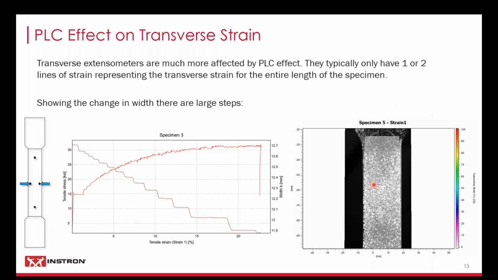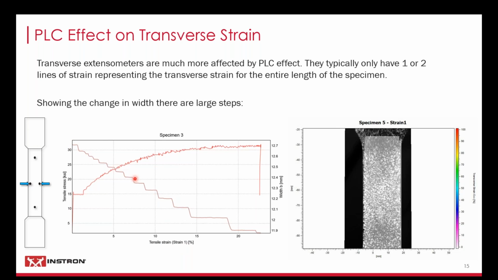But on the next page, transverse strain is perhaps a little more critical for the PLC effect. What this chart shows is the specimen width on the right y-axis, versus tensile strain.